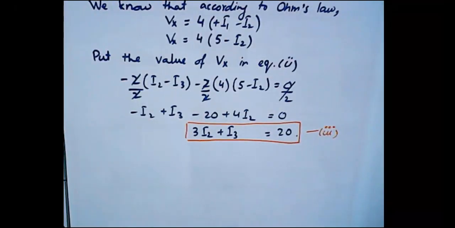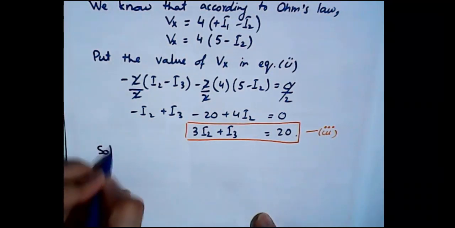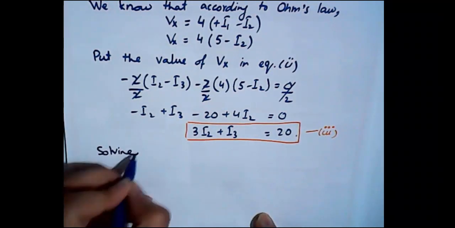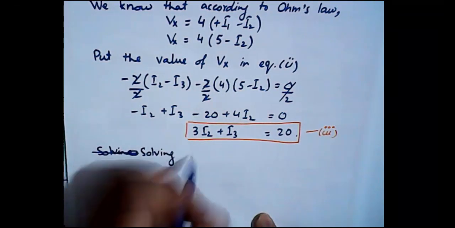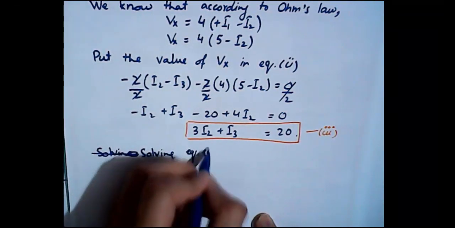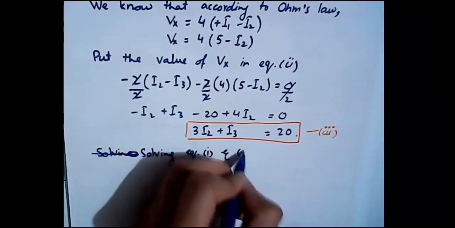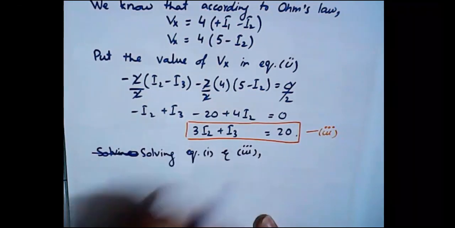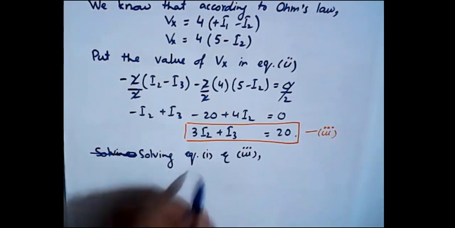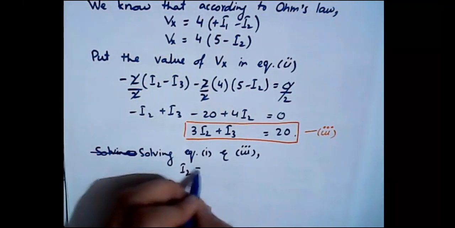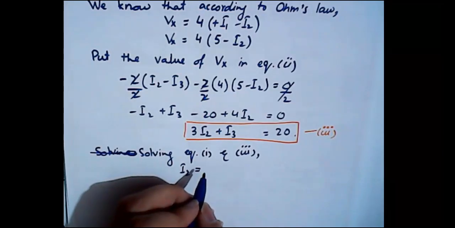So we will write here, solving equation 1 and 3 will give me the value of I2, and we are only concerned with I2 because we want the Thevenin voltage.